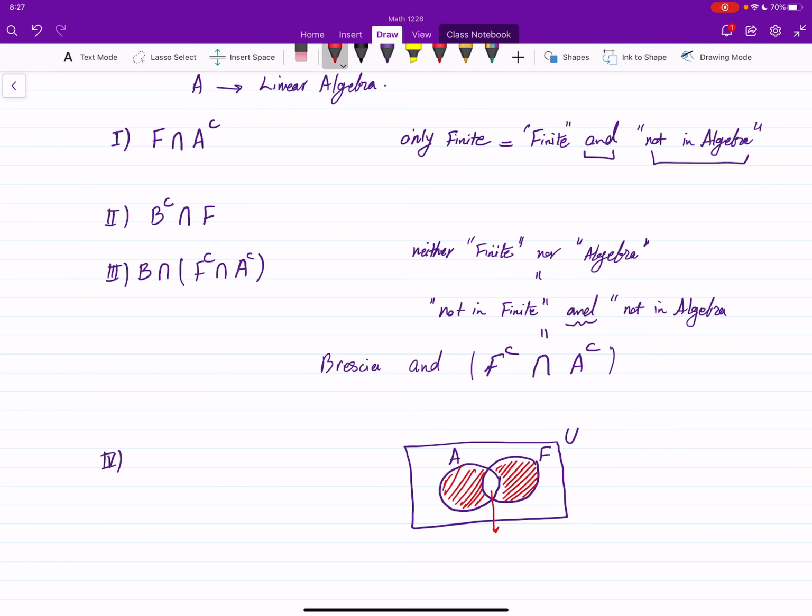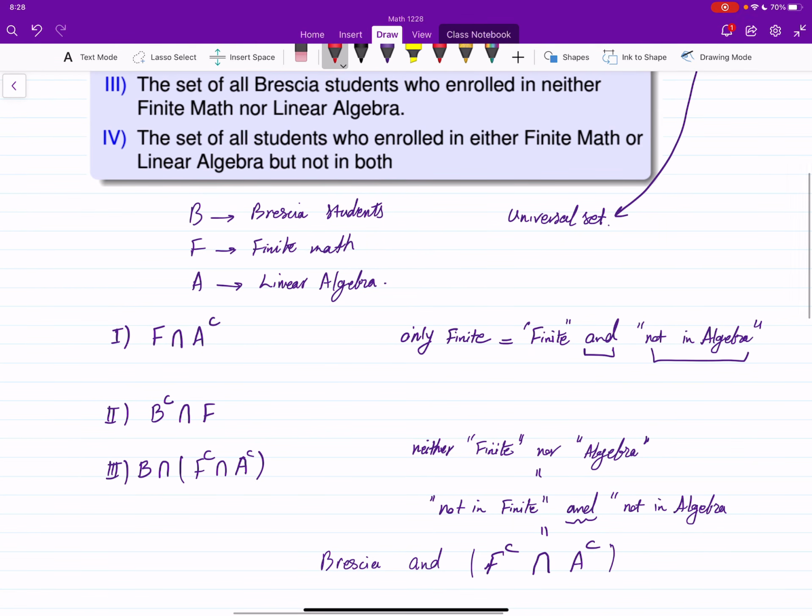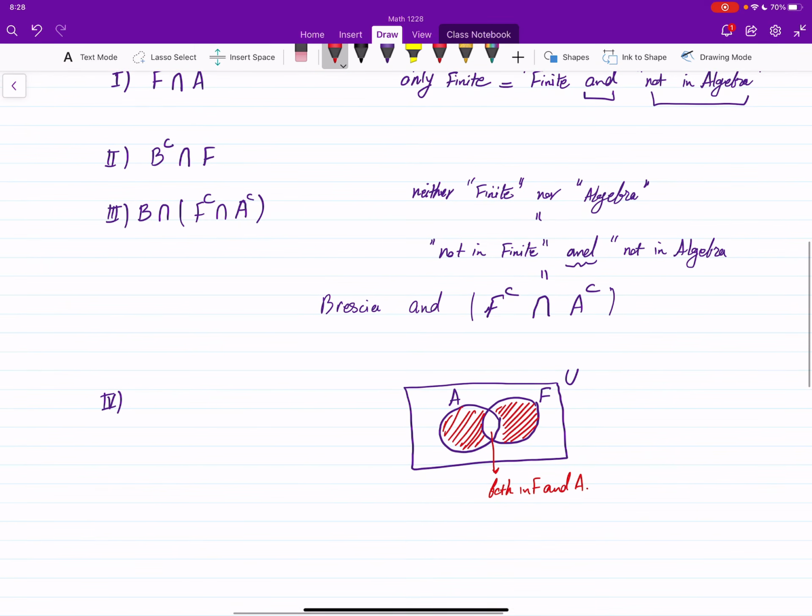Not in both is these, the both in F and A. So how do we see this thing? For that, I will break this down into two pieces, this piece and that piece. And then I know that I have to put them together, so I will find the union of these.